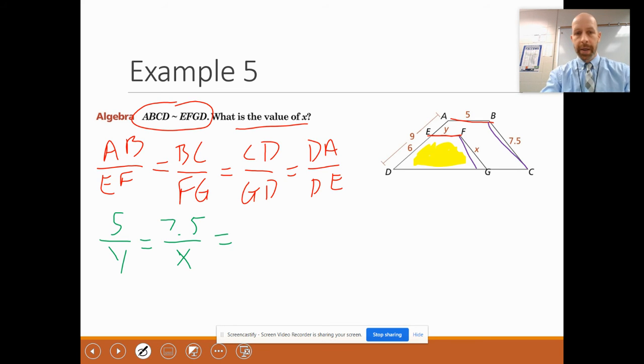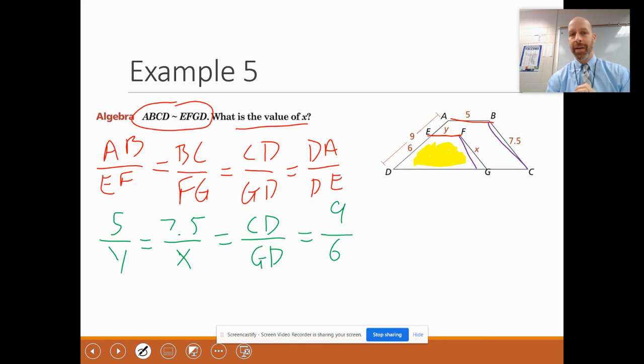Oh, it's this big long side. I don't know what CD is, so I just got to write CD by itself because I don't know what it is. And do we know what GD? Nope, we don't know what GD is either, so that doesn't really help me anything. But what about DA? Well, the length of DA here looks like it's 9 according to the picture, and ED looks like it's 6. Now I have everything that I want to know.